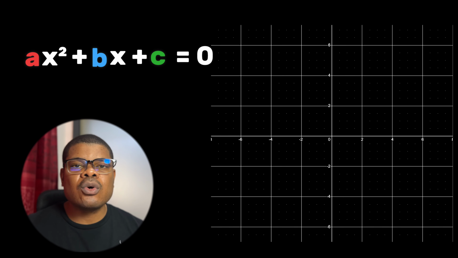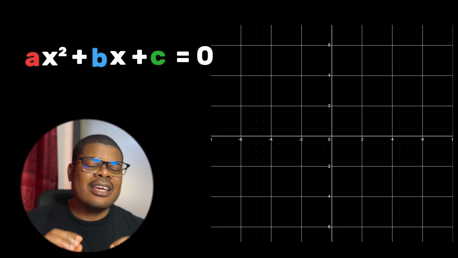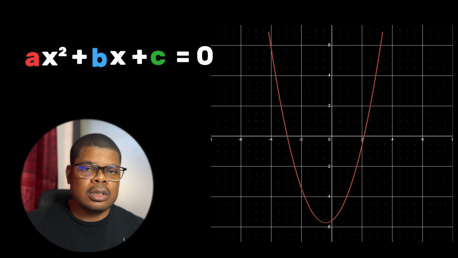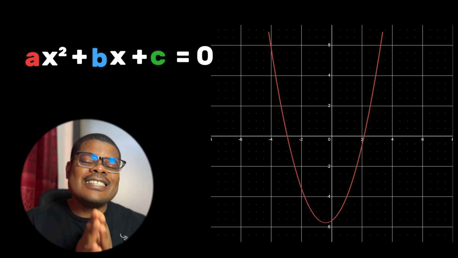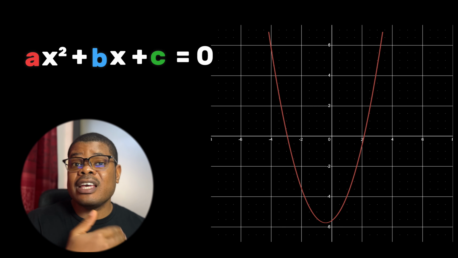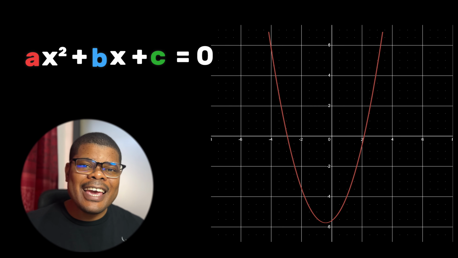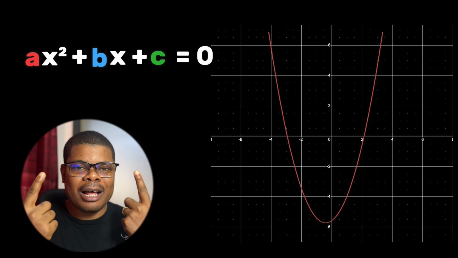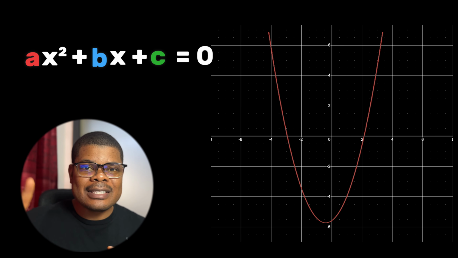So every quadratic equation in a graph is represented as a parabola. That's a kind of U shape that you see on your graph. And this shape that you see here is determined by the first number in the equation, that is whatever A stands for. Now, if A is positive, it forms a smiley parabola. That means the parabola bends upward.